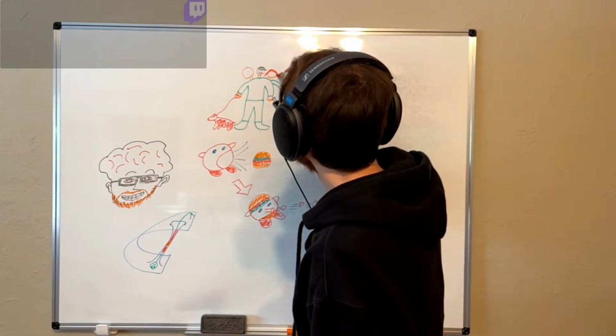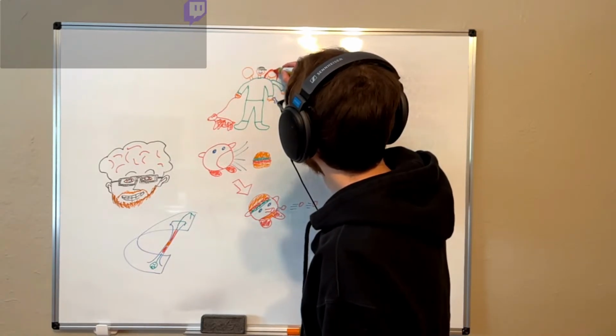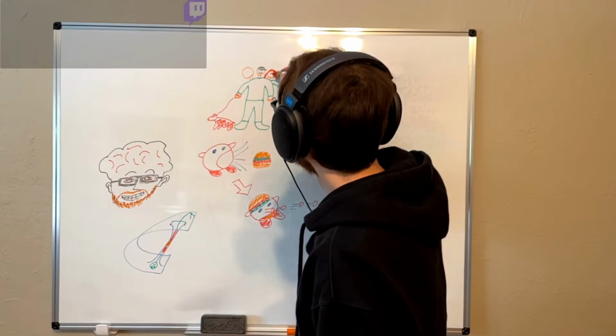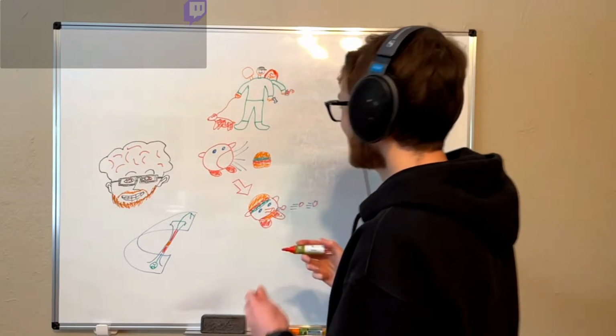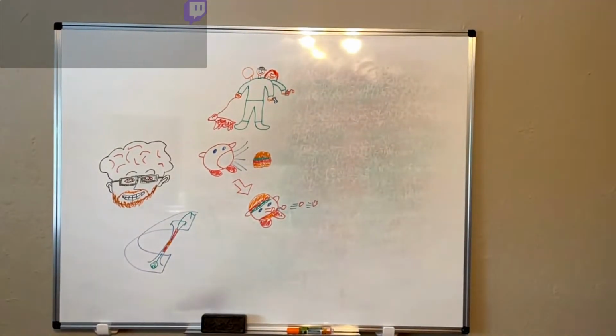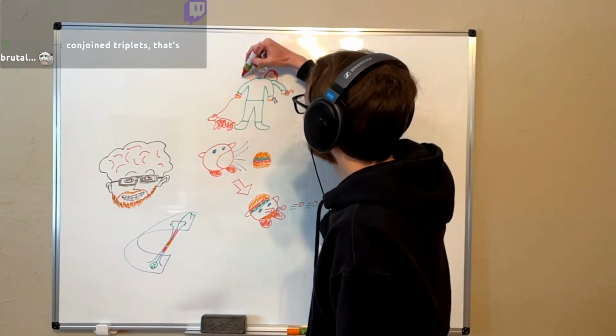I don't know how to draw Dan's hair the best, to be honest. I'm just gonna do that. Oh god, Dan's eyes are a little crazy. Conjoined triplets. Then Stuki has the poofy hair.